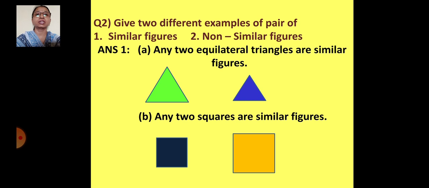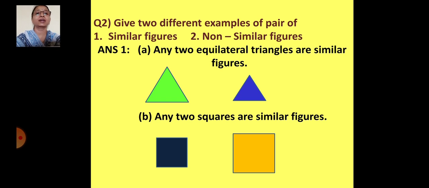Now the next question: give two different examples of pairs of number 1, similar figures, and number 2, non-similar figures. That means you have to give two examples of similar figures and two examples of non-similar figures. So let us see what are similar figures. Again, I have drawn the diagram. A, any two equilateral triangles are similar figures. Now B, any two squares are similar figures.